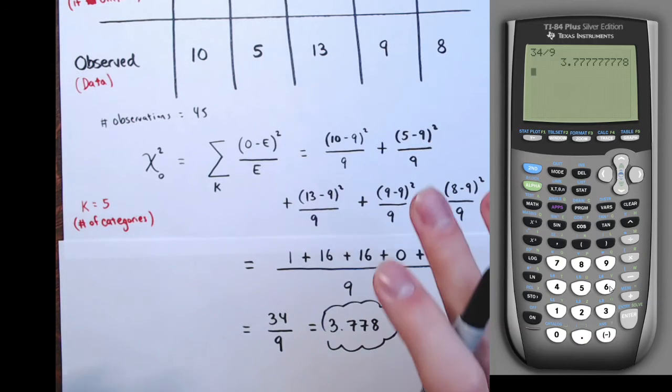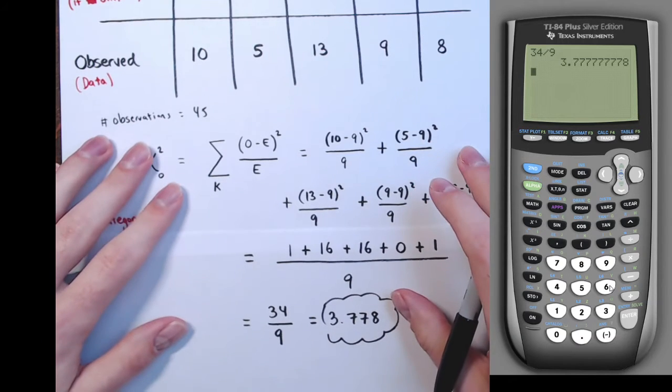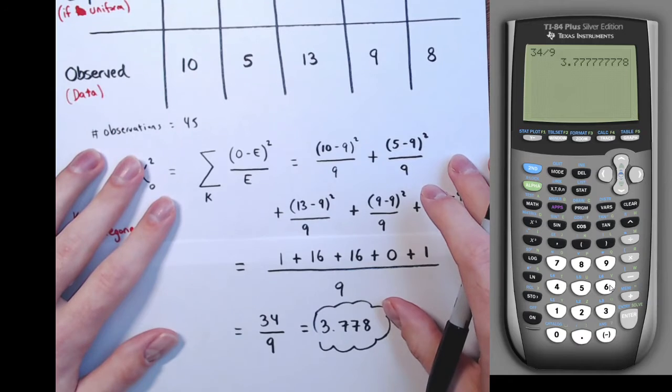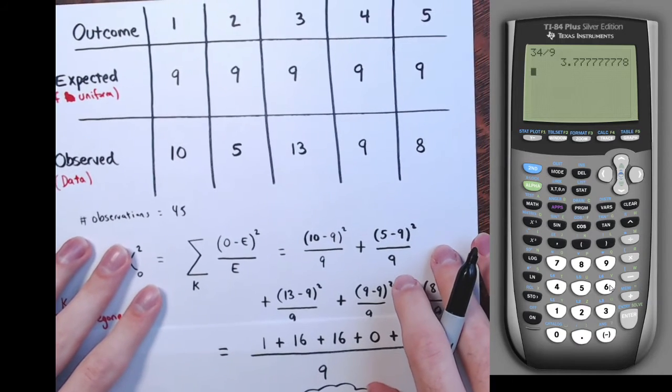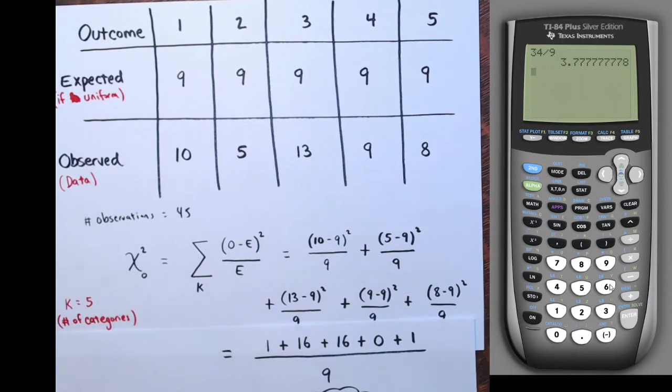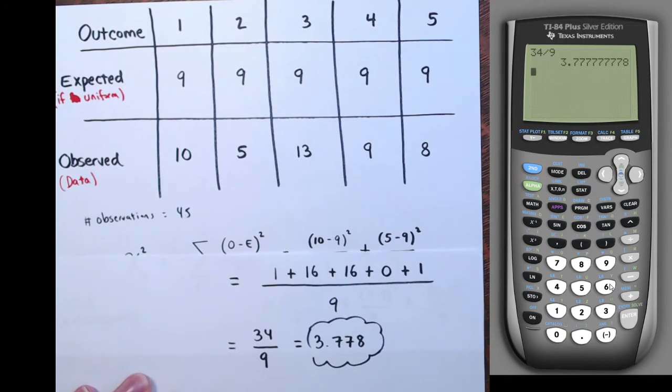Now, you could do it this long way, but I did show you in the first video, and I'll show you again here, a couple alternate methods for finding the test statistic in these chi-squared goodness of fit tests. An alternate method was to enter lists.